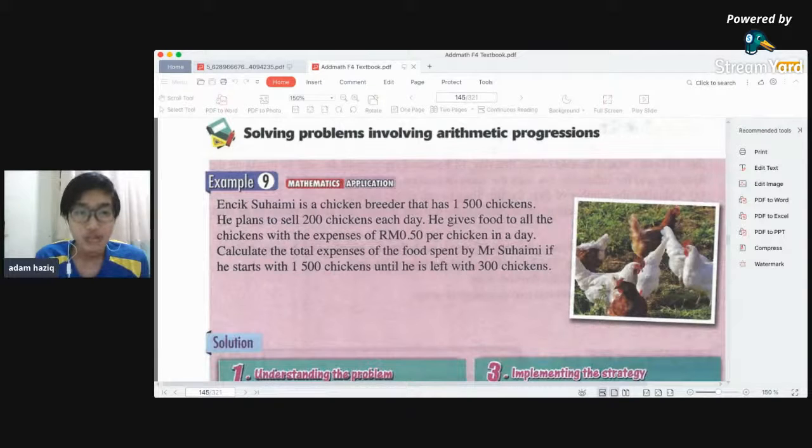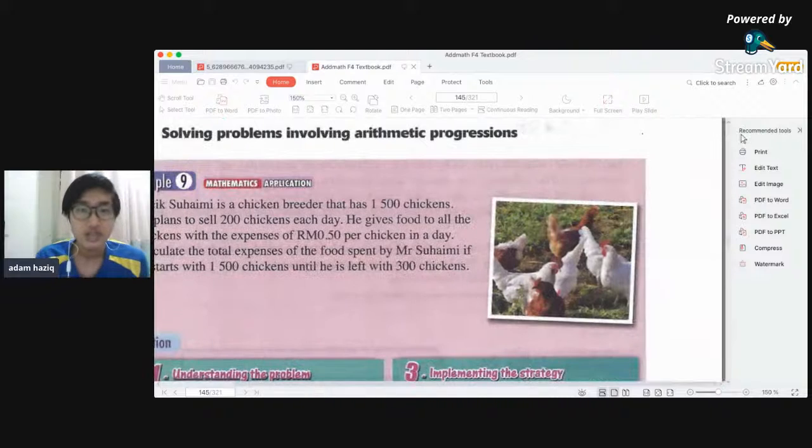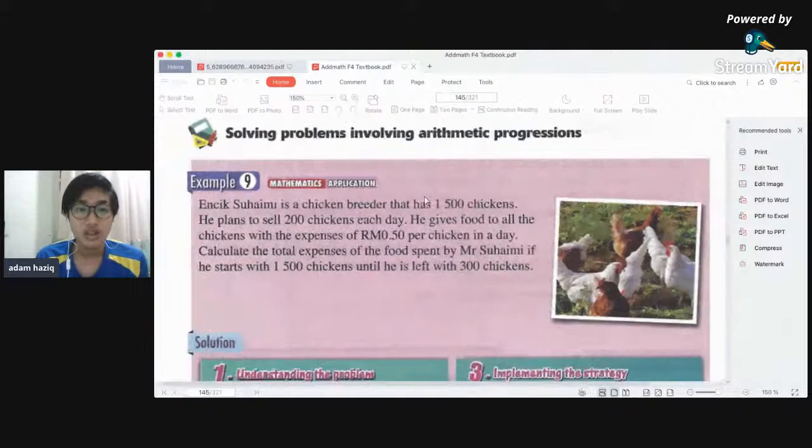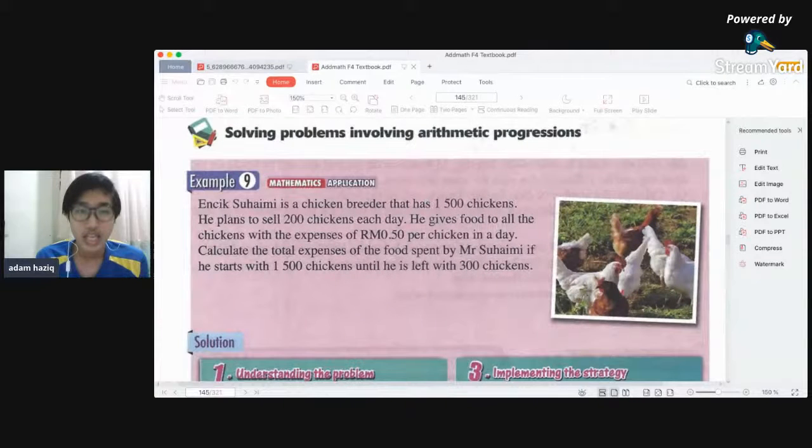He plans to sell 200 chickens each day. He gives food to all the chickens with the expenses of 50 cents per chicken in a day. The question is, calculate the total expenses of the food spent by Mr. Sohaimi if he starts with 1,500 chickens until he is left with 300 chickens.